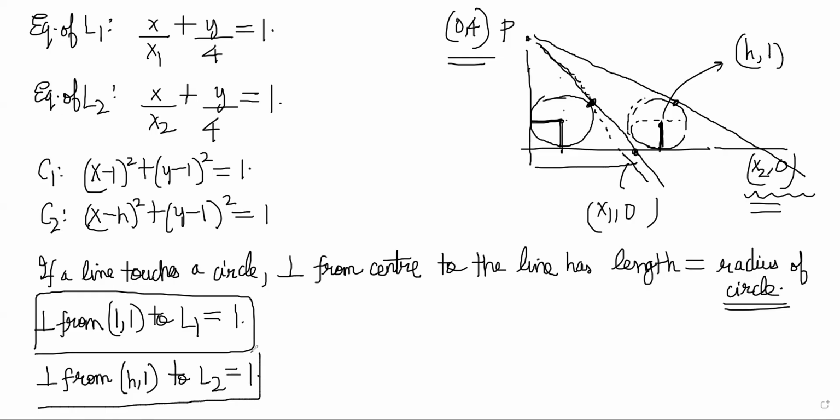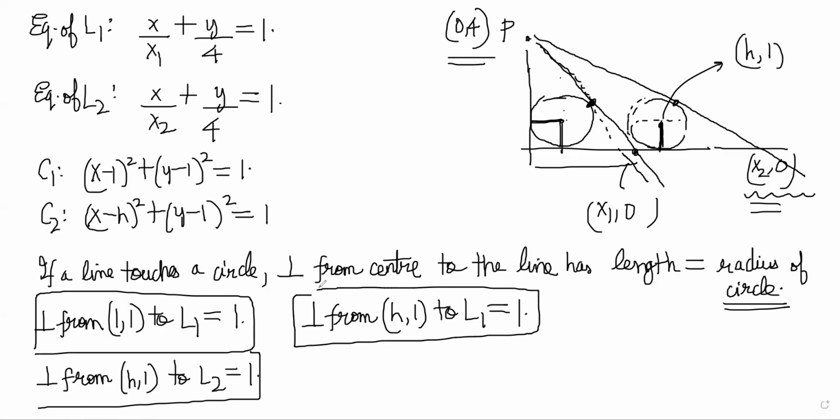This is the second result, and the third is that the perpendicular from the center of the second circle to L1 is also going to have length 1. I told you there were three tangencies, right? L1 is tangent to both C1 and C2, and L2 is tangent to C2. So you have three conditions like this, and let's see what will come if we apply these conditions.